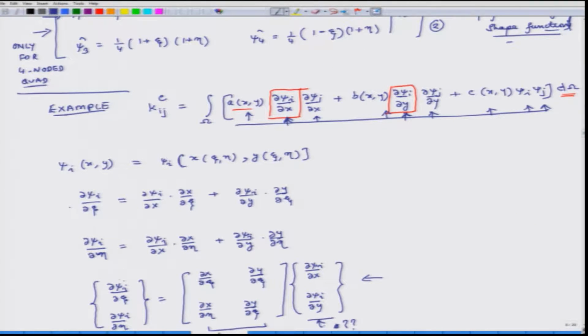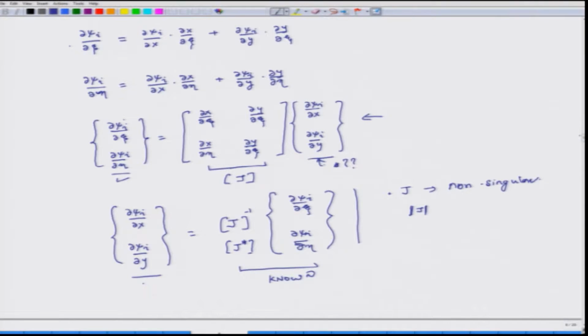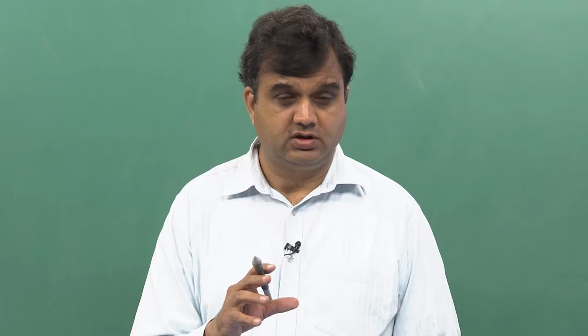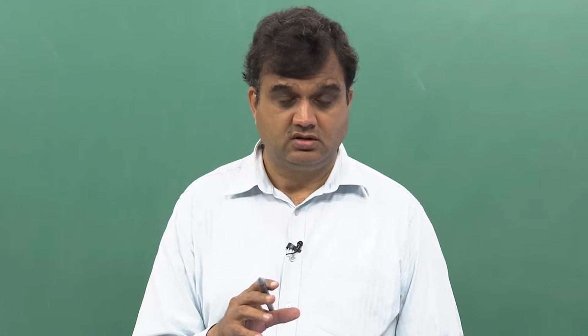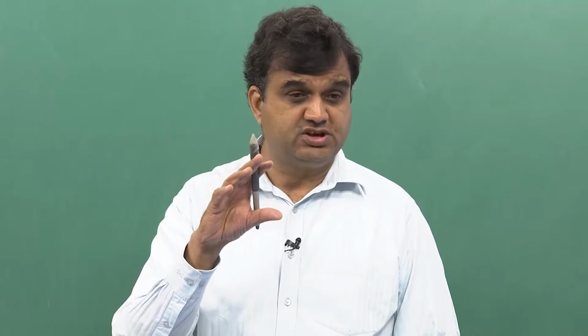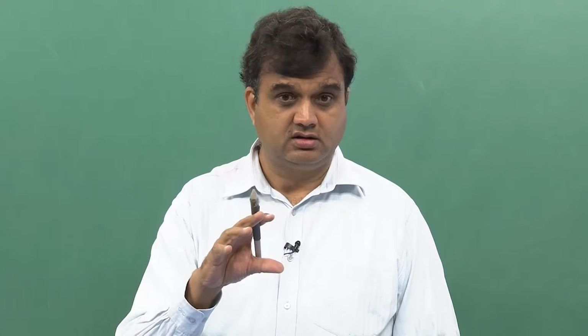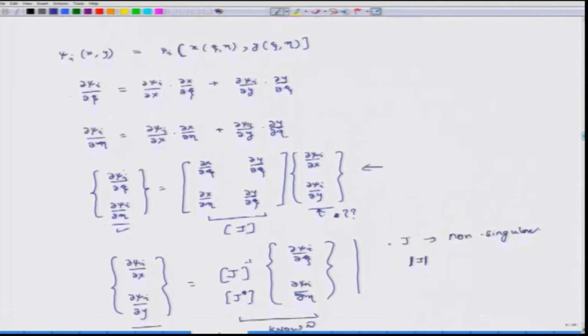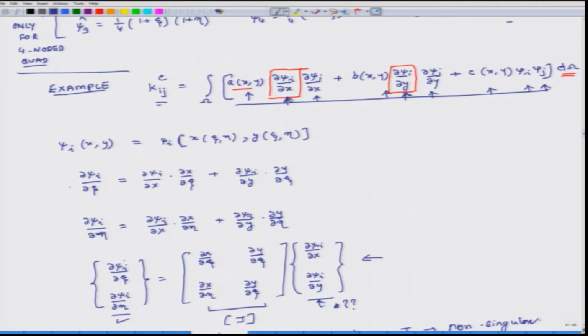Now, the elements of J matrix, del x over del zeta, del y over del zeta, del x over del eta, and so on and so forth, at what locations are we calculating these derivatives? We are calculating them at all the points in a specific element, because we are trying to find out Kij for eth element.